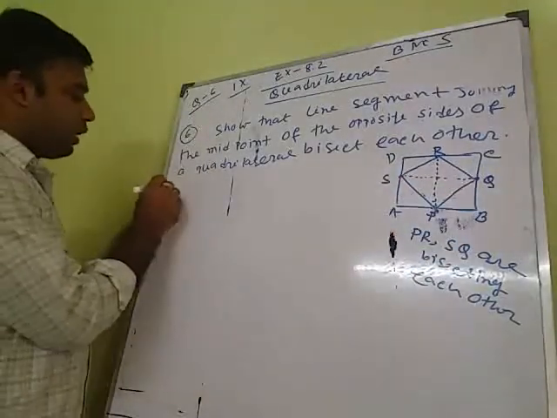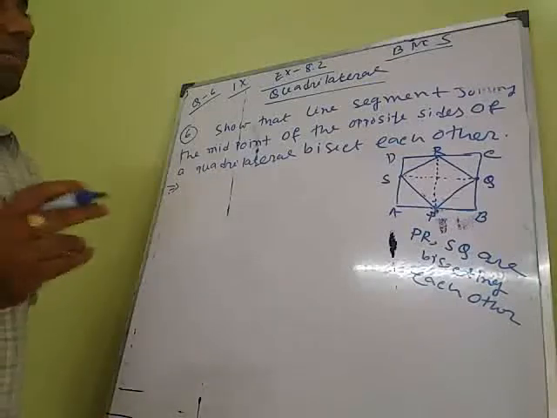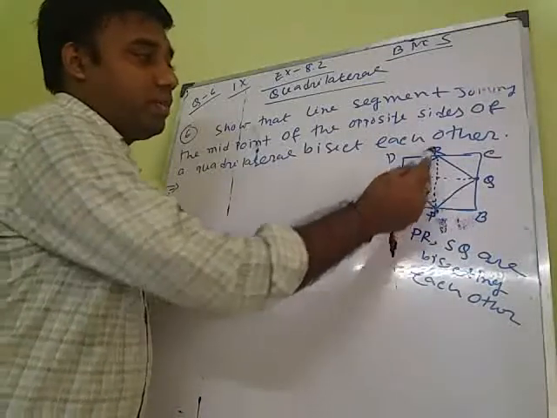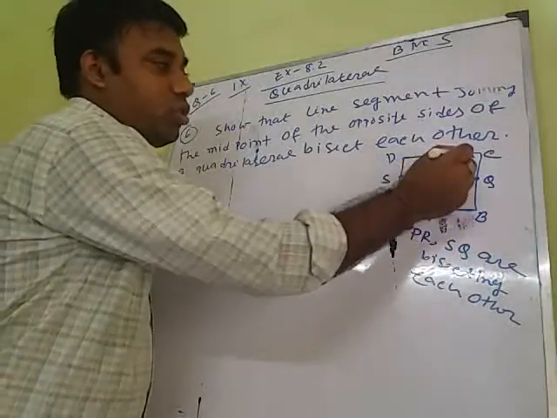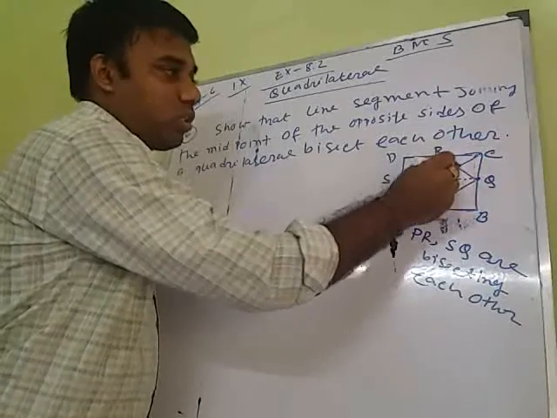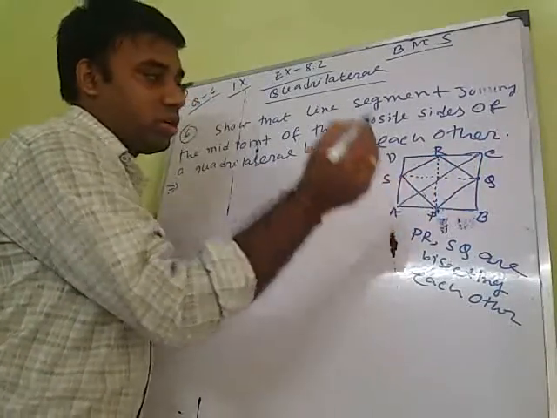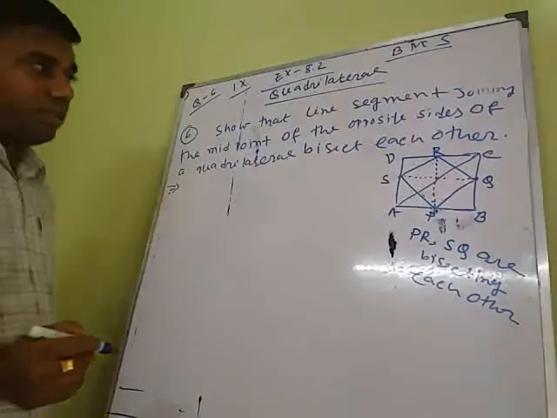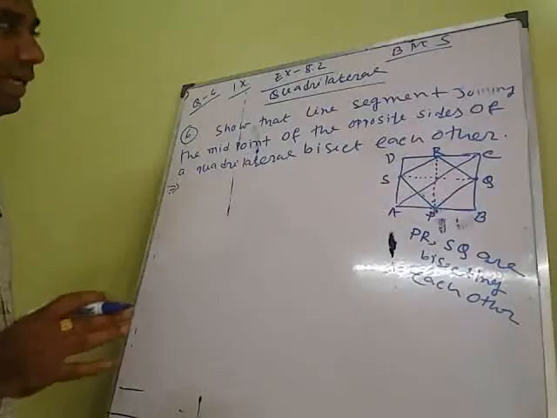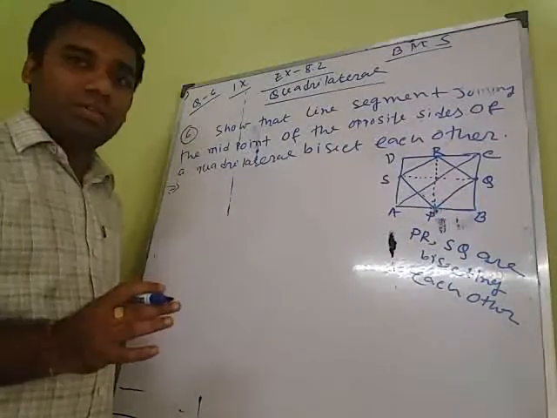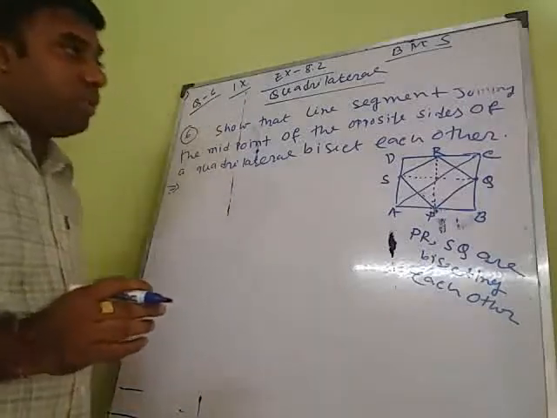So students, first of all, I have joined PR and SQ and also drawn the diagonal AC. Again, we will solve this question with the help of the midpoint theorem.